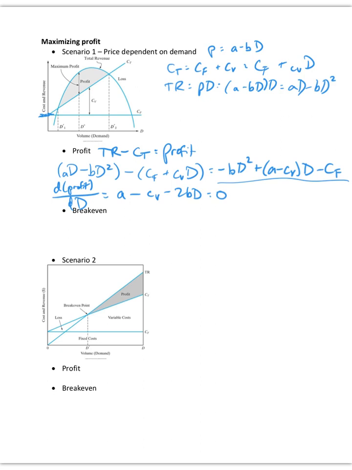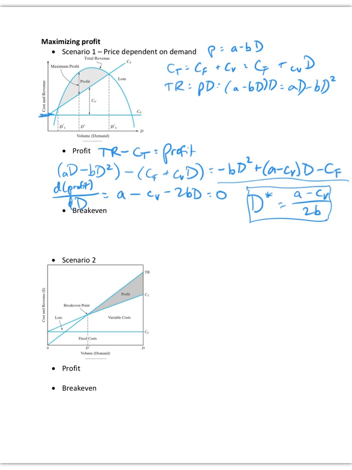You can convince yourself that that's so. So now we can solve for D. We're going to call this one D star. D star is going to be equal to A minus C sub V over 2B.